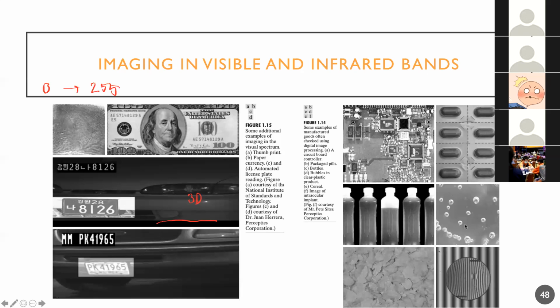I think it's the bubble in the plastic, right? And cereals, like they probably take a photo to see if any color is different from the others or not. And there's also this one, the intraocular implant.